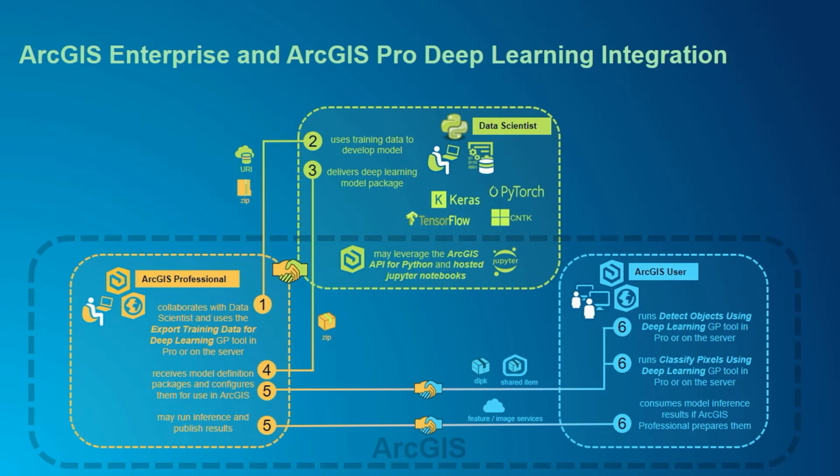With that shared item, more users can use this model to run inference with our Detect Objects Using Deep Learning tool or Classify Pixels Using Deep Learning tool. And even the results, if they look good, they can publish and share those feature classes as feature service or classified images as image service so that more users can use the result.